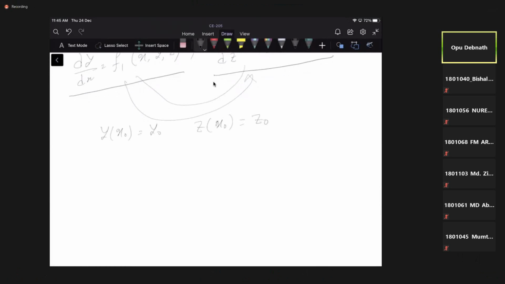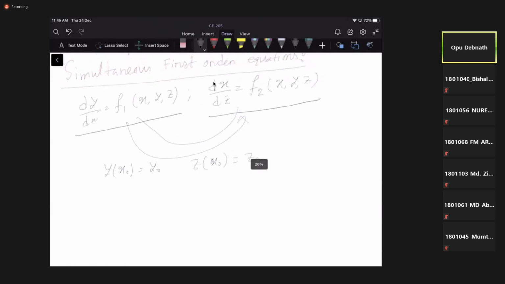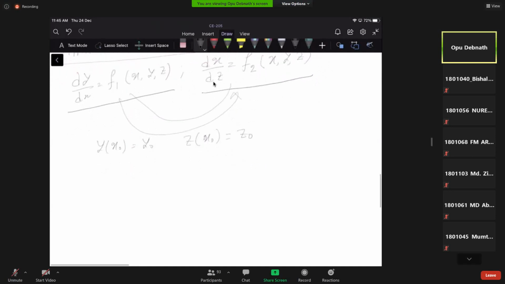That means I consider x as an independent variable and two other variables y and z vary with x, following these two equations. So in this case you need two initial values, initial boundary conditions, and these are called boundary value problems.